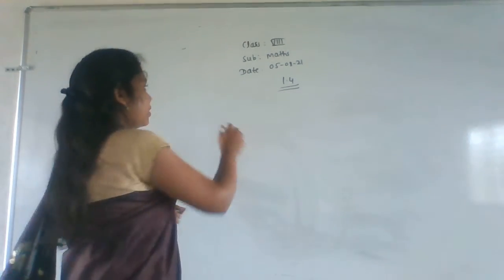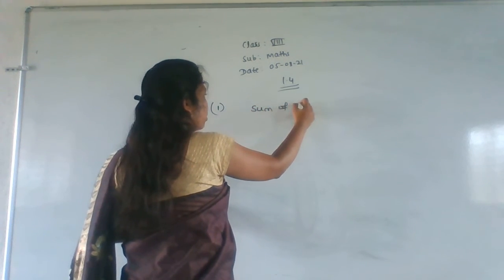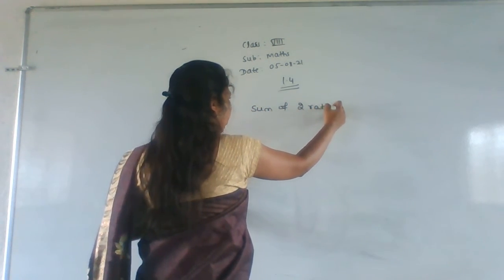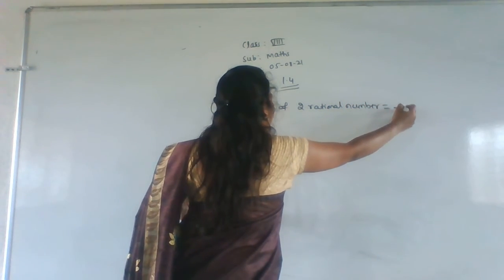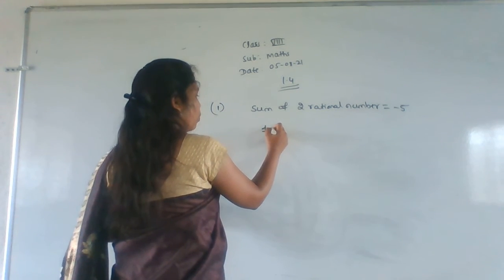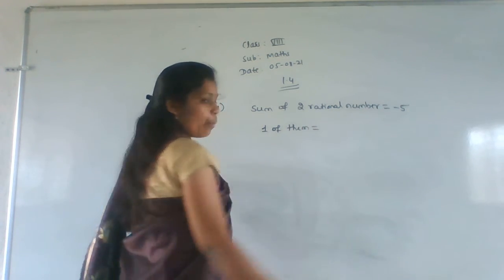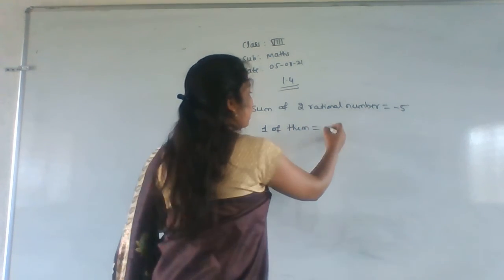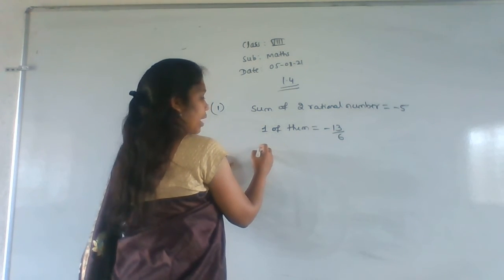See here, sum of two rational numbers is equal to minus 5, which is given. One of them is minus 13 by 6. Another one you have to find.